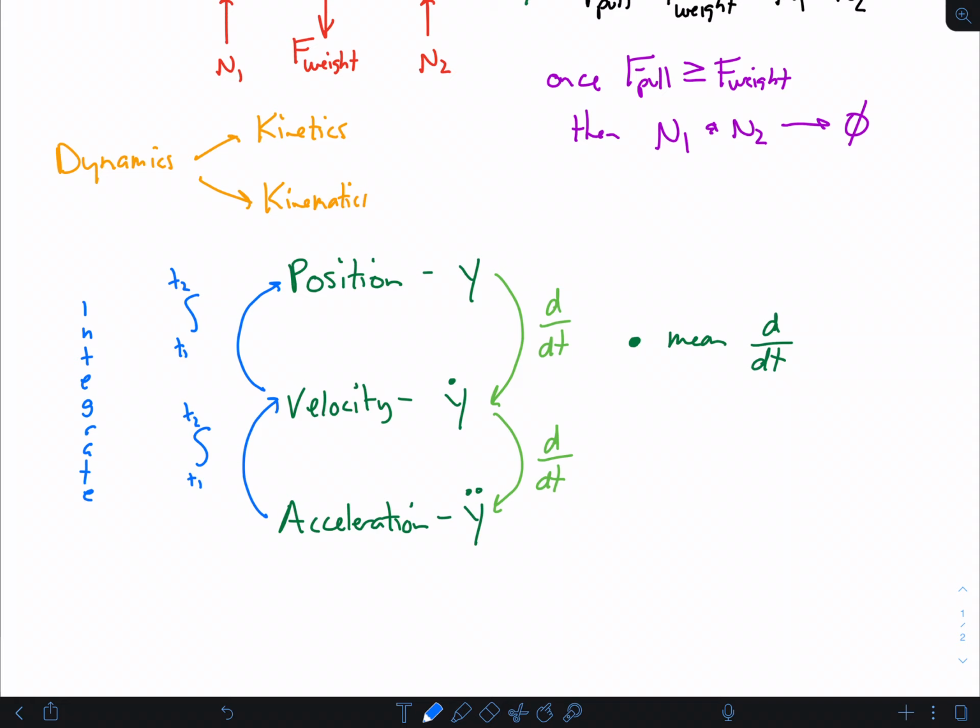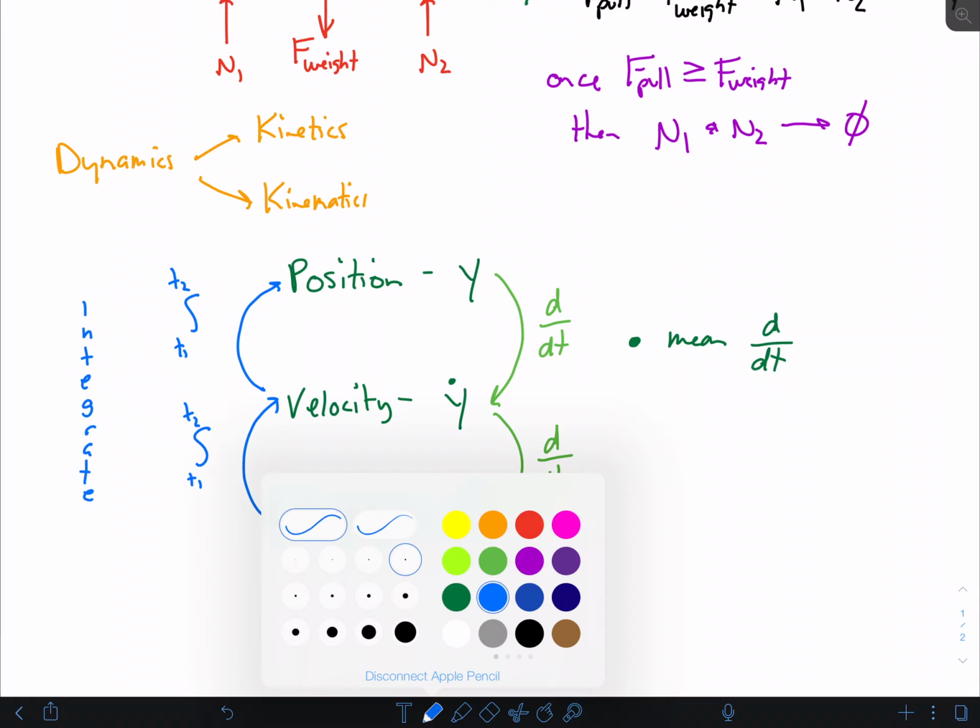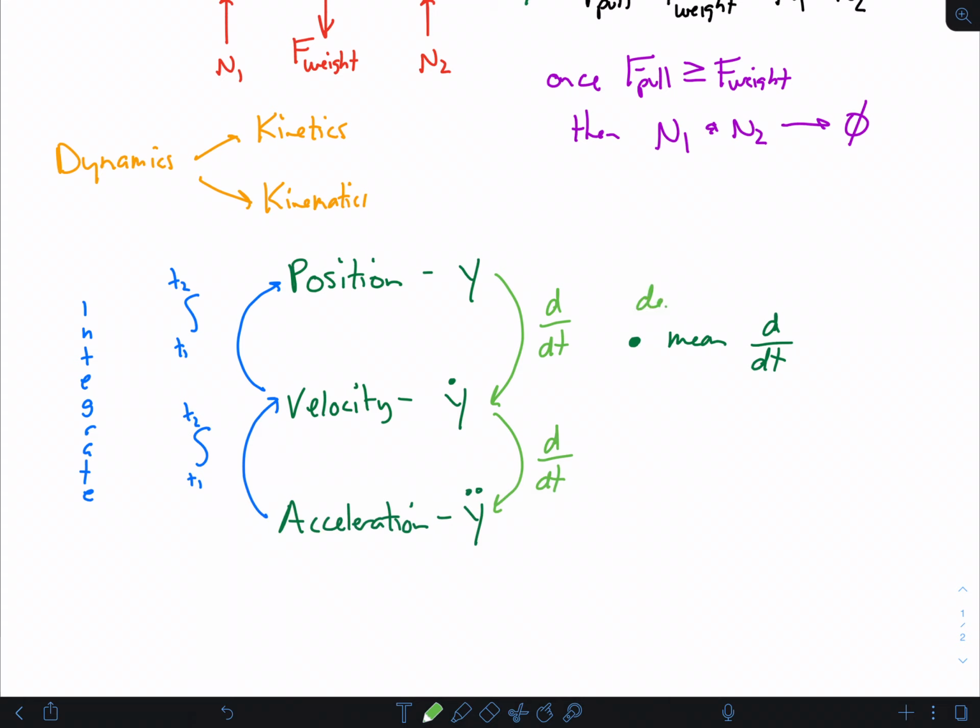And the other side going downward is our derivative side. So these are inherently related, right? Position, velocity, and acceleration are inherently related, where velocity is the change in position over time, acceleration is change in velocity over time. They are related to each other, right?